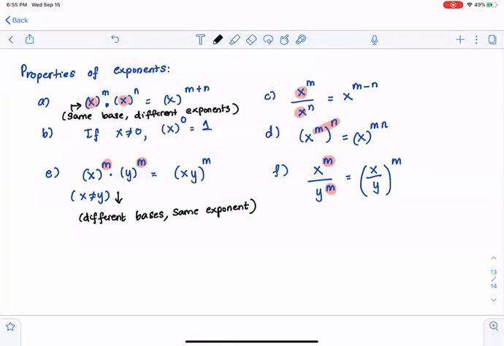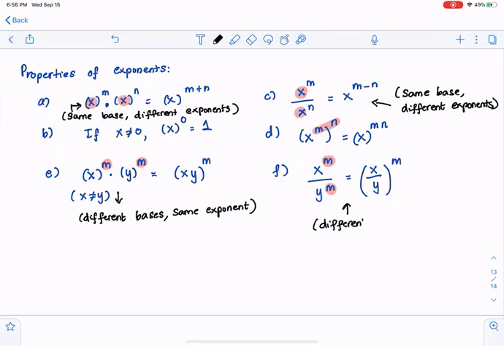This is different from part C, where we had identical bases, or should I say same bases. So same base, different exponents. Different bases, same exponents.